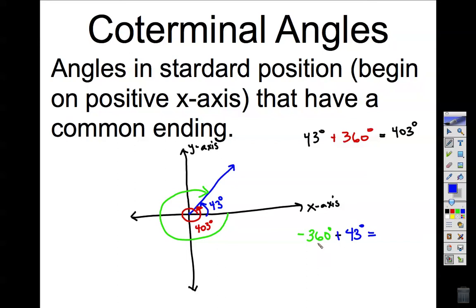So in a way, we're just doing 360 minus 43, and that becomes 317. But this is negative degrees because this is going clockwise.